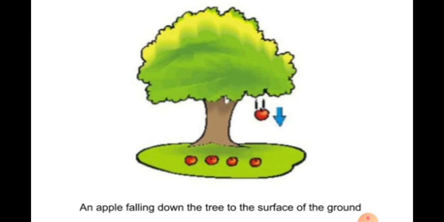Actually, when a coin is held in our hand, it is at rest. That means it is not in motion. And as soon as the coin is released from our hand, it begins to move downward and ultimately it falls to the ground.